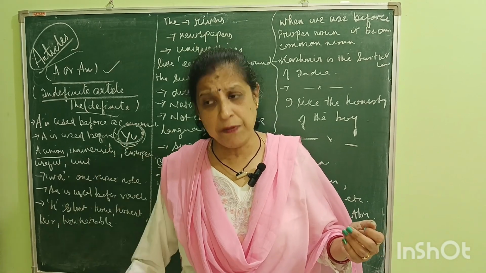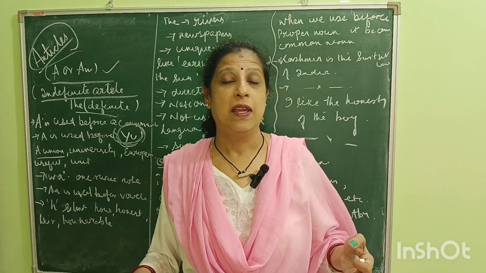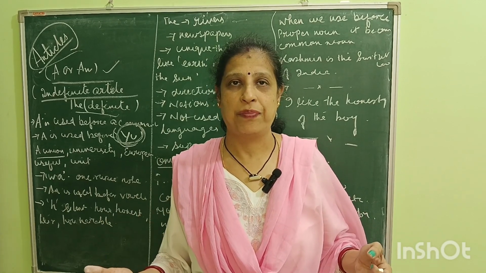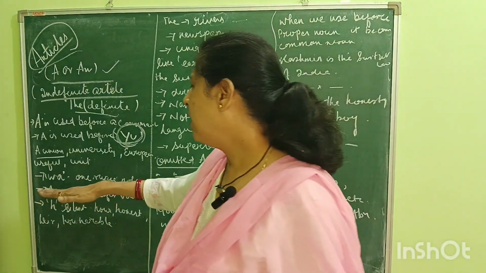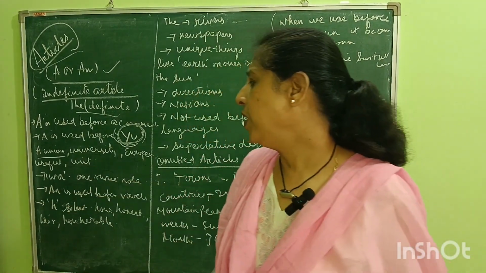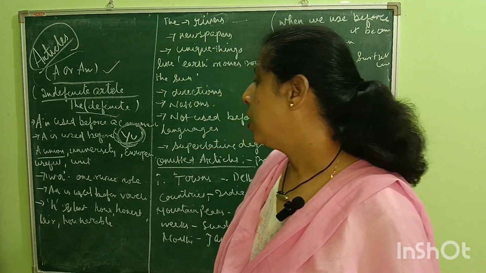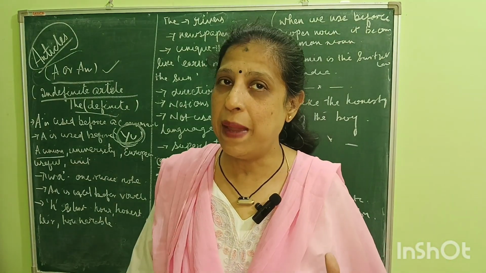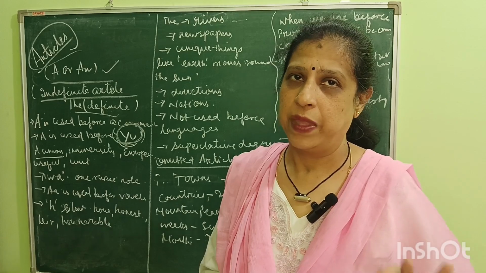But even if it is a vowel, it sounds like a consonant. That is wa. So here I will use a one rupee note, a one-eyed man.